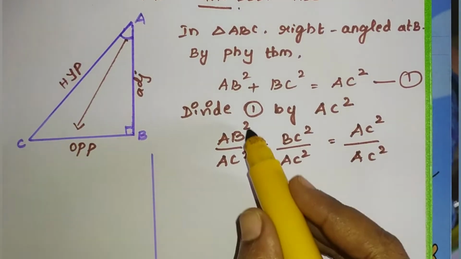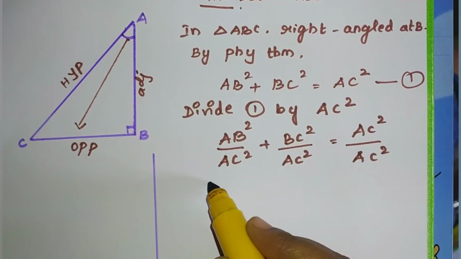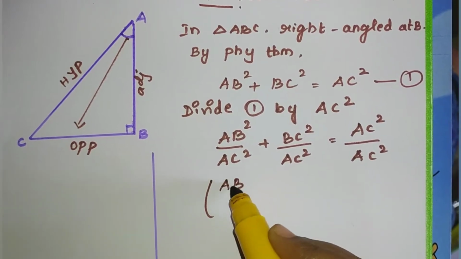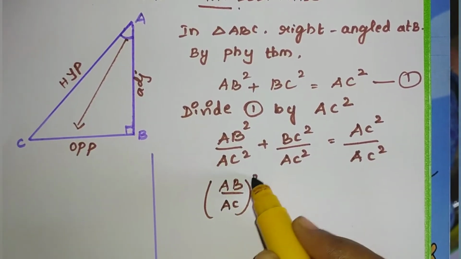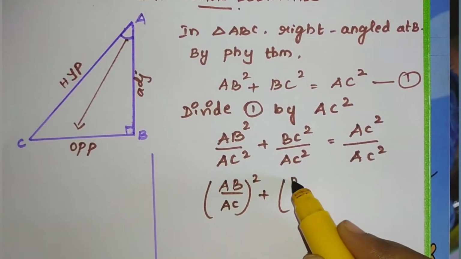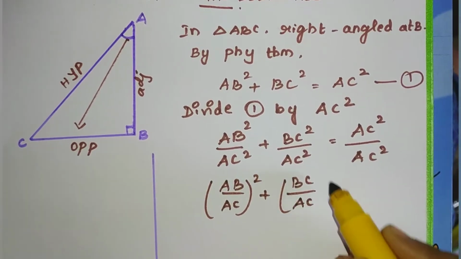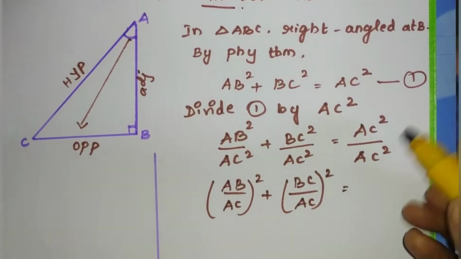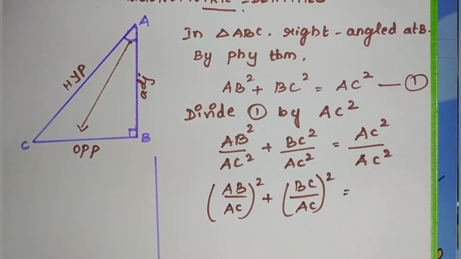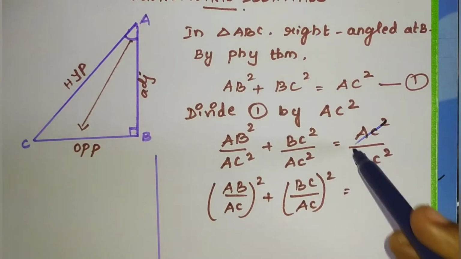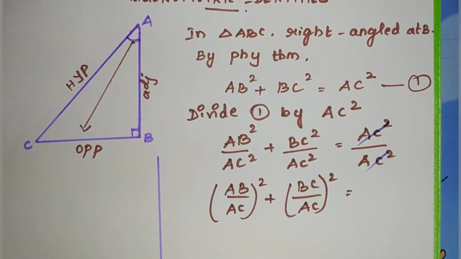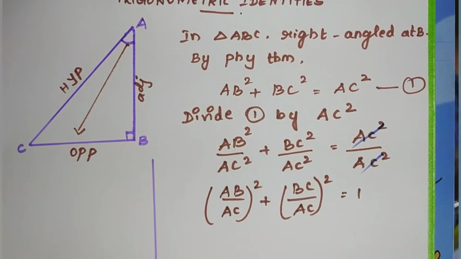Square is common, so AB divided by AC the whole square, plus BC divided by AC the whole square. And we can cancel AC square by AC square, so we get 1.